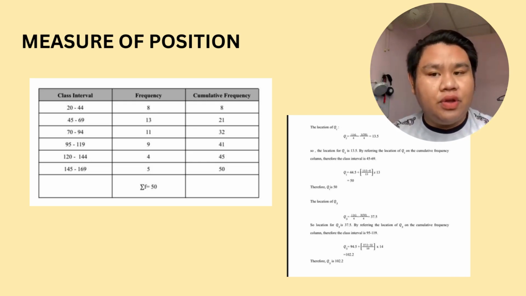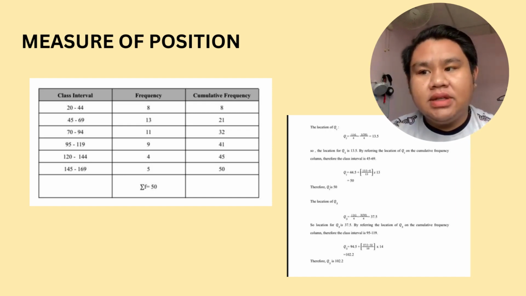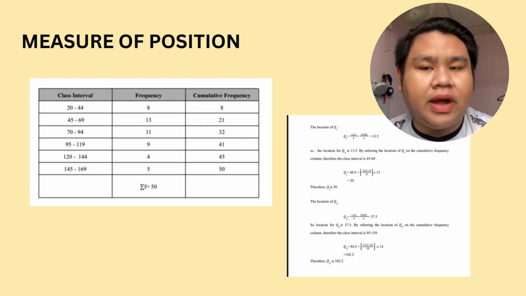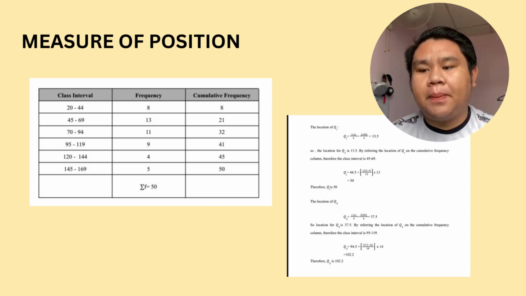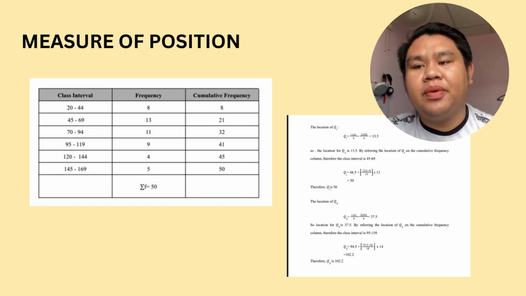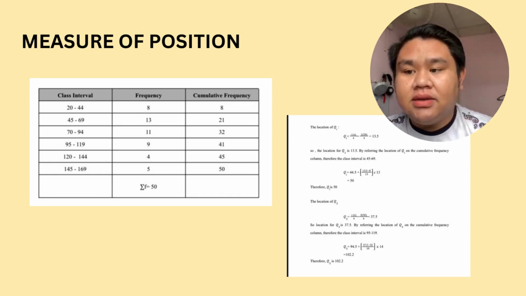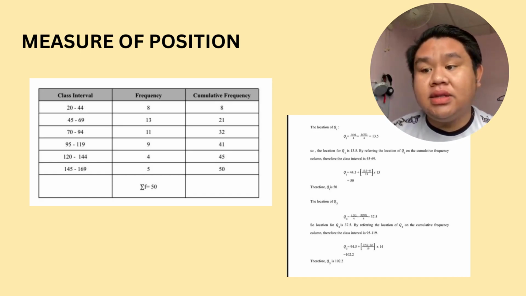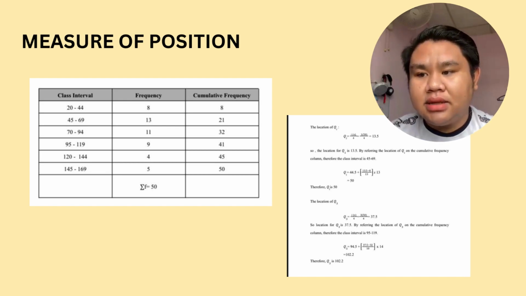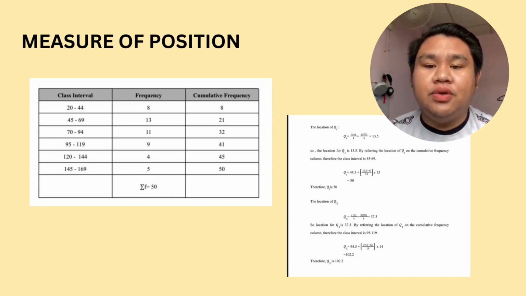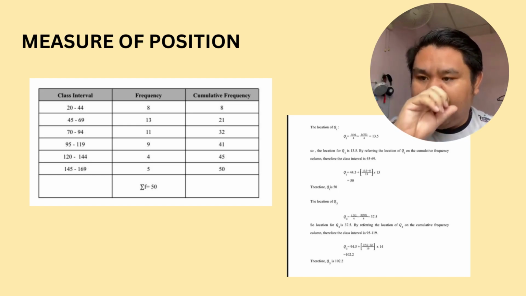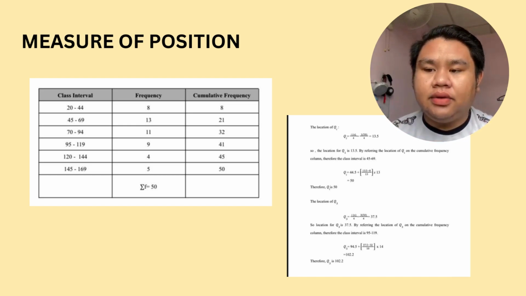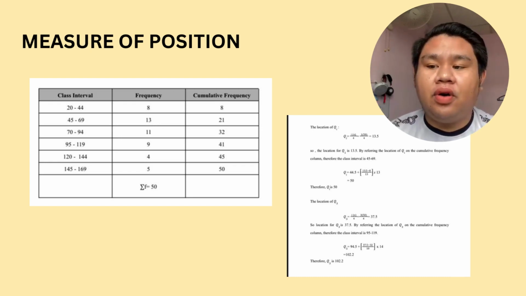By comparing the location of Q1 in the cumulative frequency column, the class interval is 45 to 69, and then we calculate with the formula. We get the answer 50, so Q1 is 50. The next step is we find the location of Q3. The location for Q3 is 37.5.